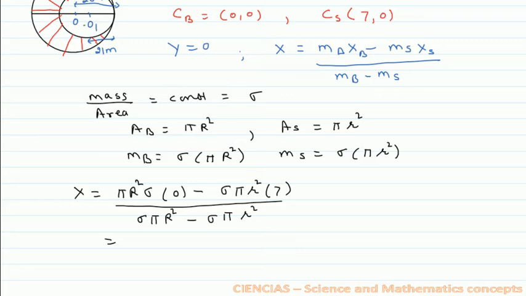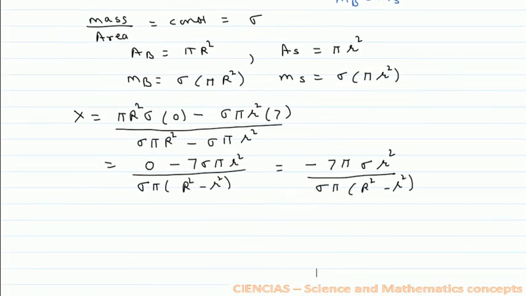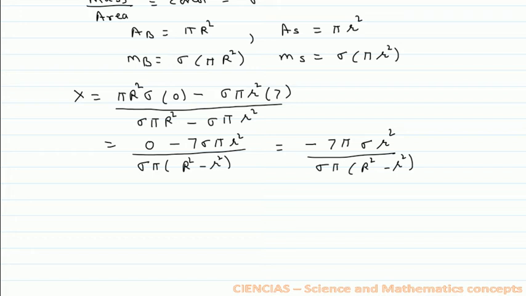So now this term becomes 0 minus 7 sigma pi small r square, and in the denominator I take sigma pi common, R square minus small r square. This is equal to minus 7 pi sigma r square upon sigma pi, capital R square minus small r square. So this sigma gets cancelled, this pi gets cancelled.